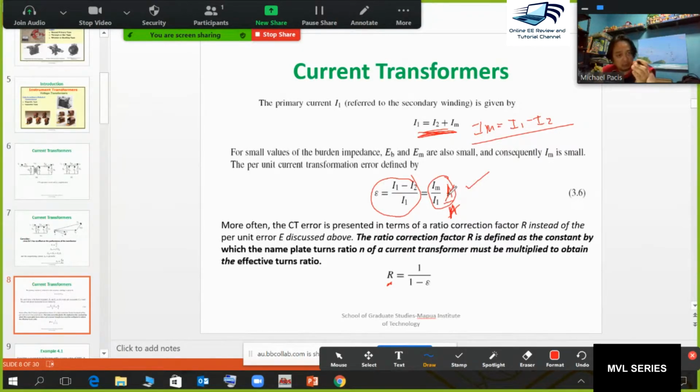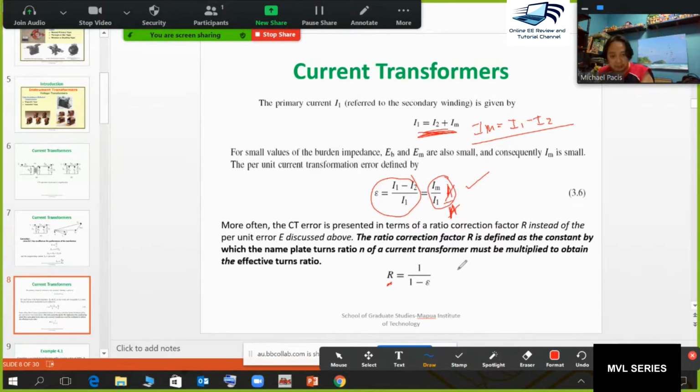If you get the correction factor, this will be the factor that you need to multiply on the turns ratio so that you can get the approximate current transformer ratio with burden or error involved. Sometimes it is used, but in the majority of calculations, to make it automatic, your R is definitely equal to 1.